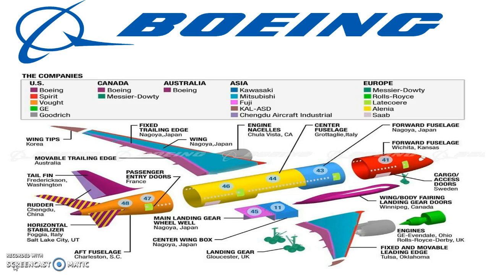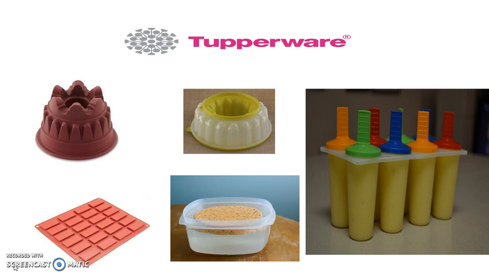I'd also imagine that you're probably familiar with the company that I'm going to use, which is Tupperware. Tupperware actually hires machinists to make molds for their products. Most of you are probably familiar with their products, such as their cake forms or their jello forms or their containers to put your leftover food in, take it to work with you.